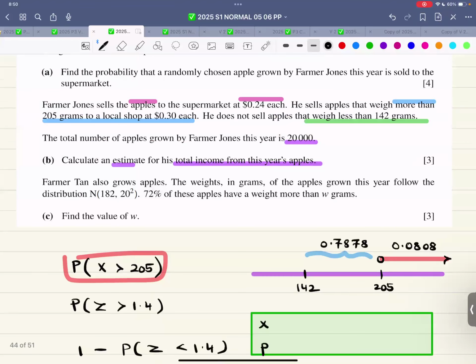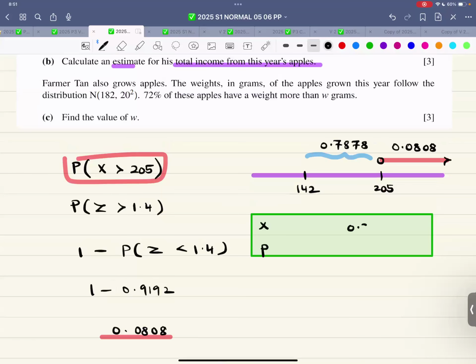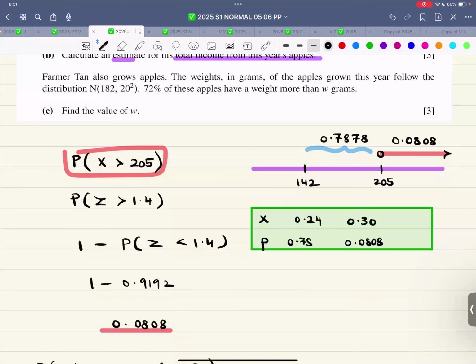So if the probability more than this thing, that is how much? 0.24, and more than 205 is 0.30. Sells at 0.30, that is being sold at 0.0808. And the rest are sold at 0.24. That is this percentage, 0.7878.